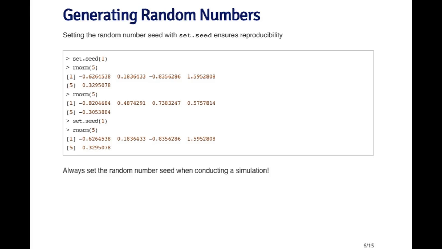But in many applications, you do want to generate the same random numbers twice so that people can reproduce what you've done. And in particular, if there are some errors or problems in what you've done, you want to be able to go back to the exact situation that produced those problems. So whenever you do a simulation, you always want to set the random number seed so that you can go back and get the same results.